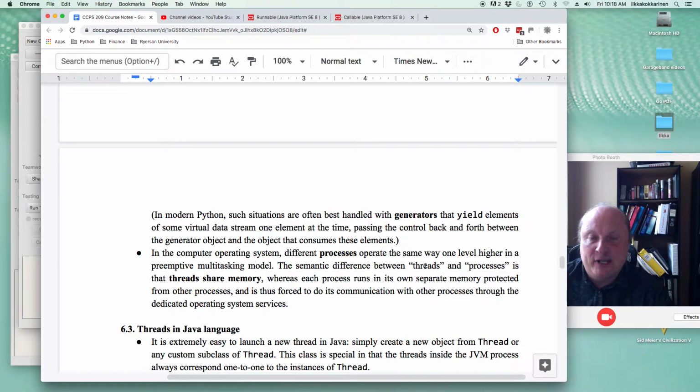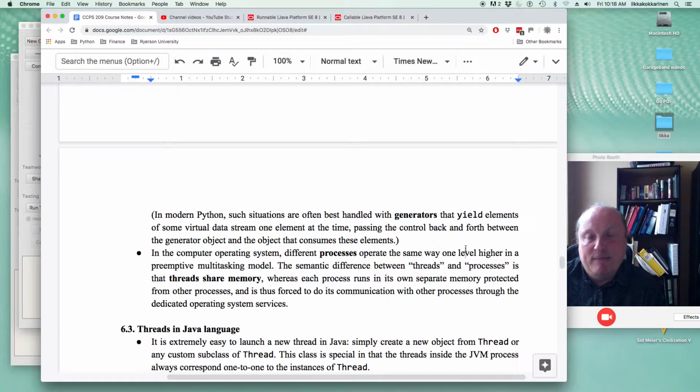The difference, if I've understood it correctly, since it's been two decades since I took these courses myself, is that threads share memory, whereas processes are shielded, so that neither by accident nor malice can one process change the data in another process.